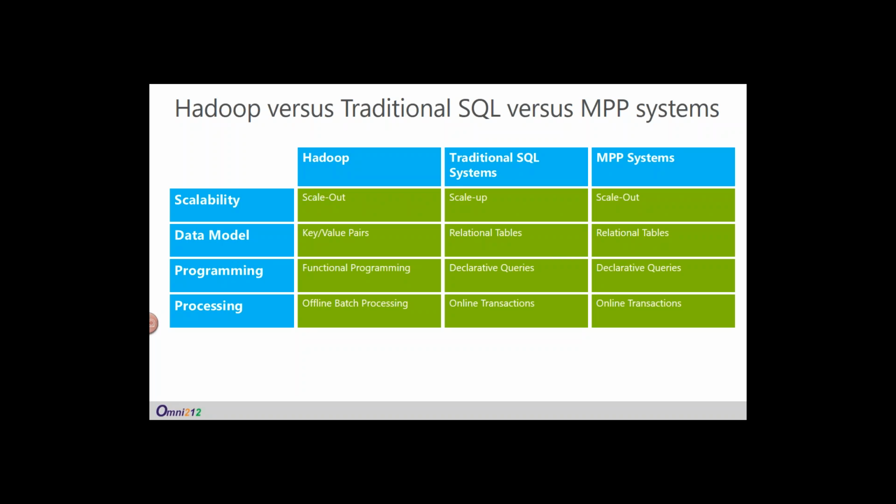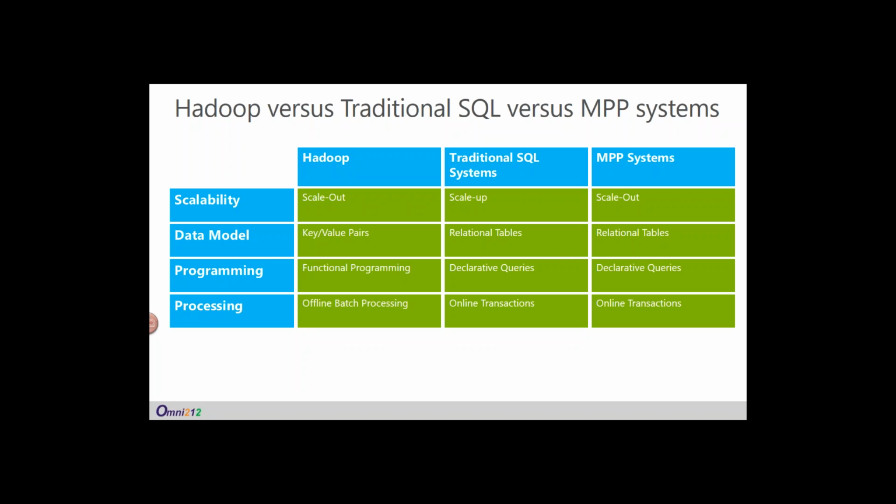So for processing any task in MapReduce in Hadoop, map and reduce functions need to be written. This makes it different from the traditional SQL-based systems and MPP systems, which are mostly declarative queries. So for example, when we say T-SQL, the select query, these are all declarative queries, whereas in Hadoop, we have functional programming.